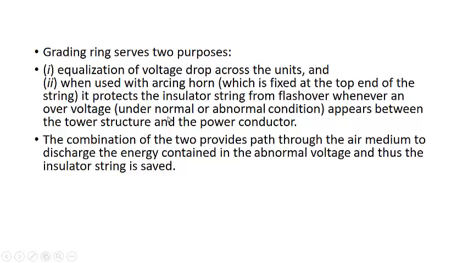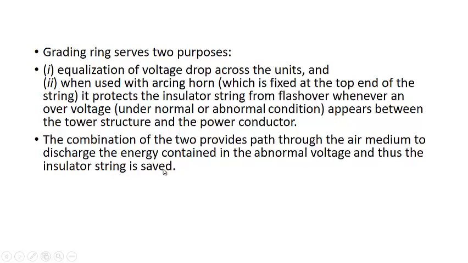Whenever a higher voltage surge appears across the conductor, there is a voltage flashover between the arcing horn and this guard ring. In this case, it will protect this insulator string. The combination of the two provides a path through the air medium to discharge the energy contained in the abnormal voltage, and thus the insulator string is saved.